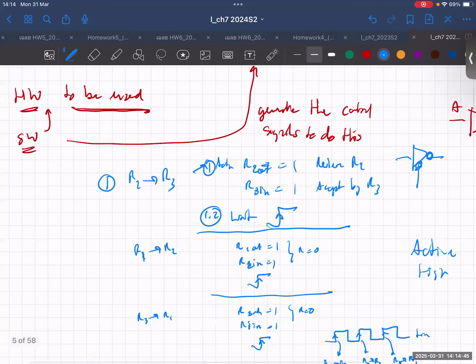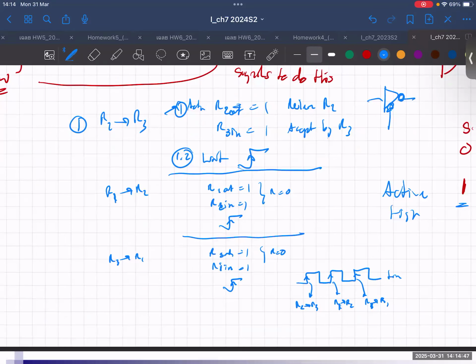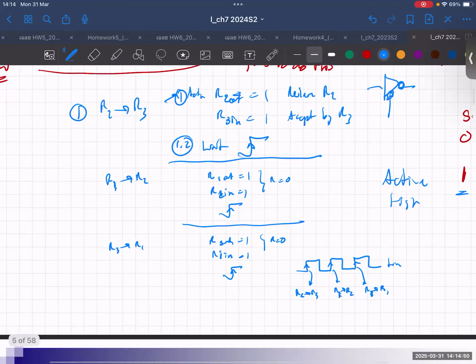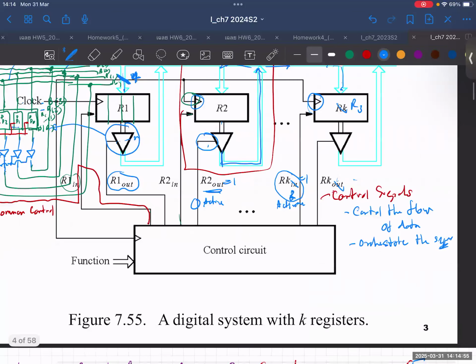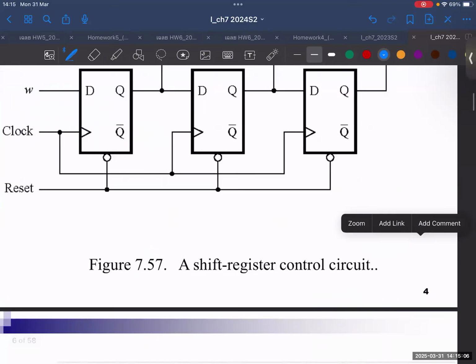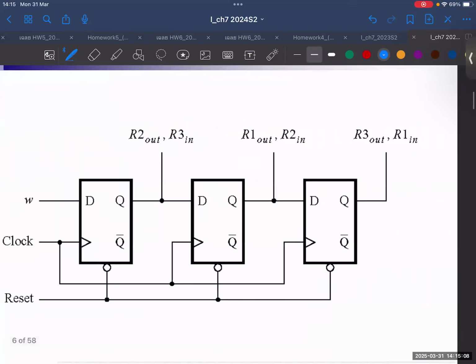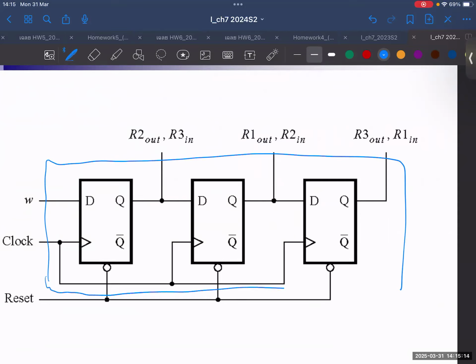Okay, so you see the sequence that happened. So what we do is we can design a simple one using the control one. So what are these blocks? This block is the control circuits. This part that is in slide 4 is the control that we talk about, control circuits, for 3 registers.